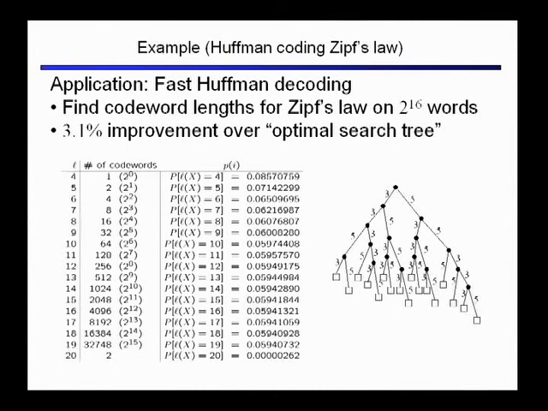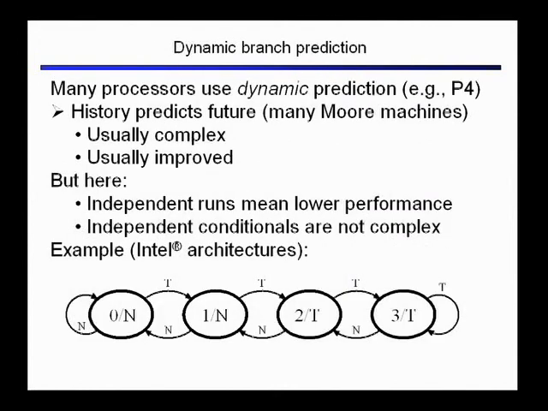If you want to have a decision tree to see how long each code word is, then the decision tree will look like this. If I were to solve this in the most straightforward fashion, I wouldn't get this tree. I'd get a slightly different tree that's actually 3.1% worse. So this speeds up this particular step of Huffman coding by 3.1%, which is nice.